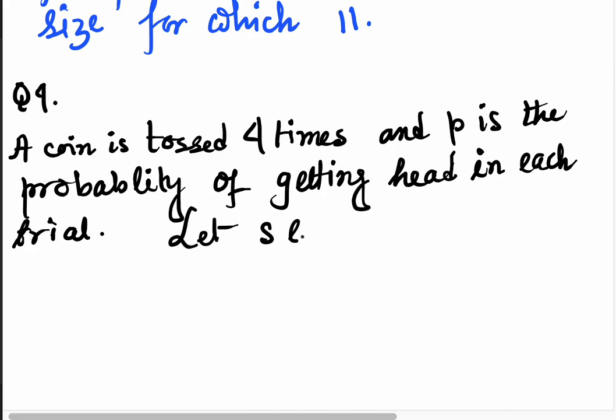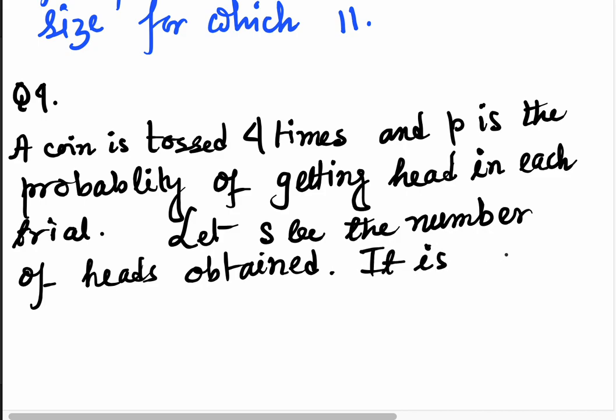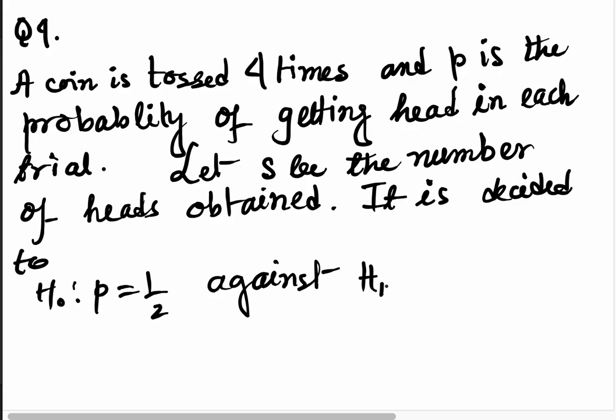Let S be the number of heads obtained. Then it is decided to test the null hypothesis that p is half, that means unbiased, against the alternative hypothesis p not equal to half.